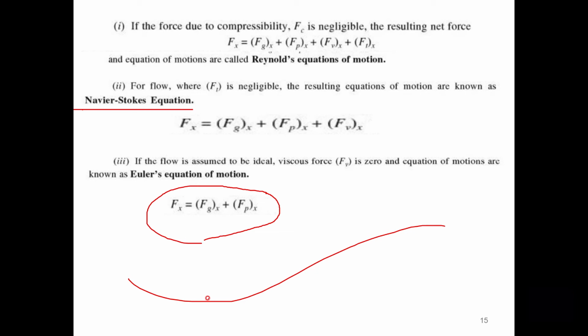Later, one more scientist, Bernoulli, utilized the equation of Euler and derived an equation. That equation is known as Bernoulli's equation of fluid motion, that is usually called the energy equation for the fluid. And we'll discuss later in detail about Bernoulli's as well as Euler's equation. So I hope you understood about this one.